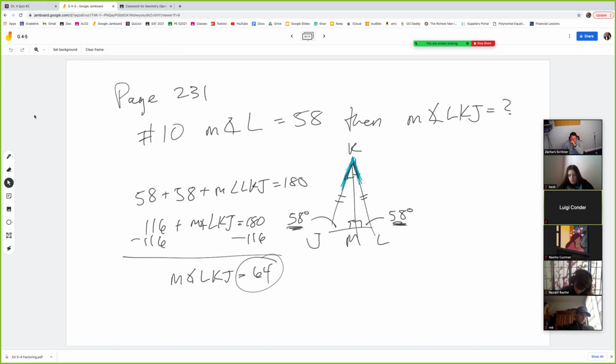64. Okay? Again, you guys might be looking at this and saying, well, how are we supposed to know this? Well, understanding when you see a triangle with these symbols, that tells you you're dealing with an isosceles triangle. So that means the opposite angles of that bigger triangle are congruent simply by the isosceles triangle theorem.